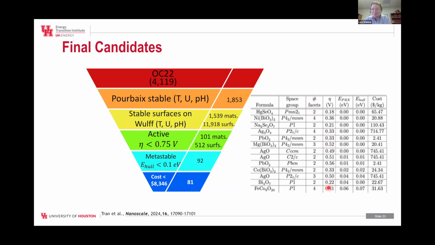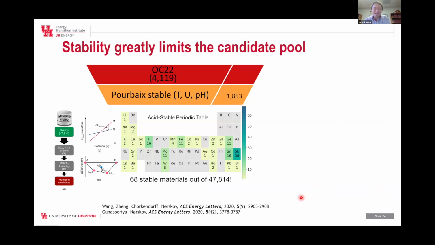And we have some materials that are really promising, with an overpotential of just 0.18 or 0.21, that are also not extremely costly. Some of these materials are being tested and verified, but I expect that most of these materials are not going to perform as well as we think they do.